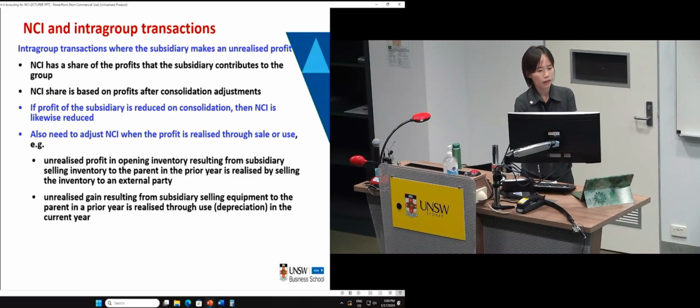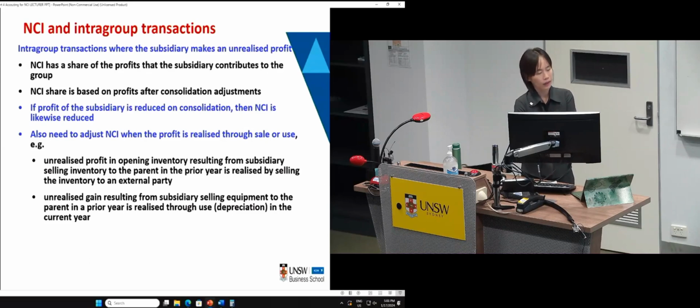For intragroup services and intragroup borrowings, there is no unrealized profit from such transactions, so these transactions have no impact on NCI. The transactions only relate to intragroup transfers, for example of inventory or PPE, and the seller must be the subsidiary entity. Once this unrealized profit or loss is eliminated on the worksheet, NCI's share of this profit or loss should also be adjusted accordingly.